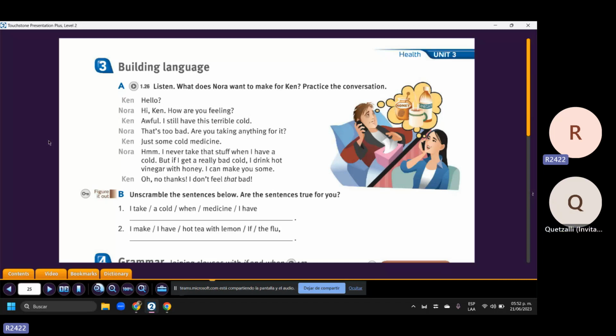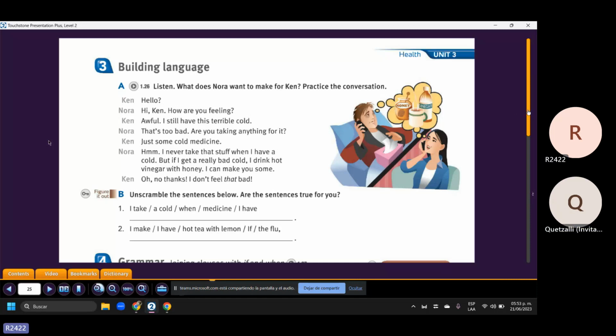So what about number two? If I have the flu, I make a hot tea with lemon. Yes, if I have a flu, I make hot tea with lemon.